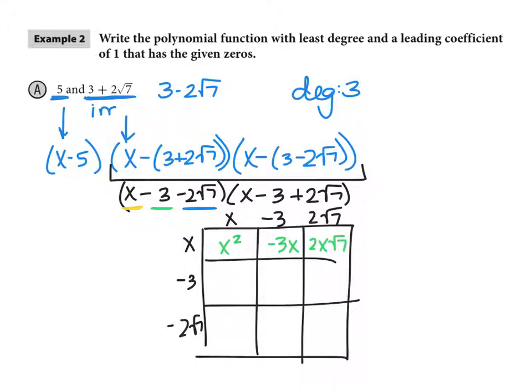All right, negative 3x, positive 9, negative 6 square root 7, negative 2x square root 7, positive 6 square root 7, and then that's going to give me negative 4 times square root 7 times square root 7, which is square root of 49, which is just 7. Or you can write negative 28 here in this last one.